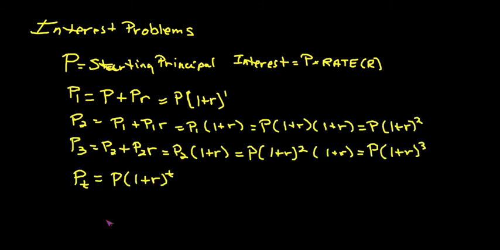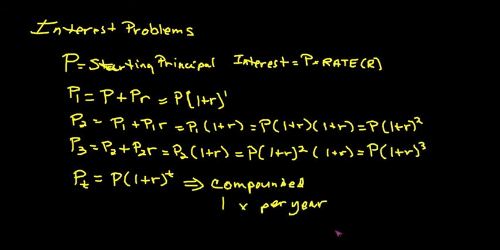So this would be our formula if we wanted to find our compound interest, if we compounded it 1 time per year. So that's where we'll start with this one.